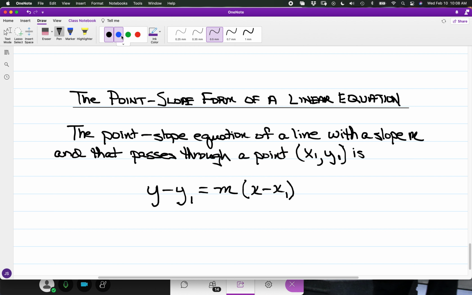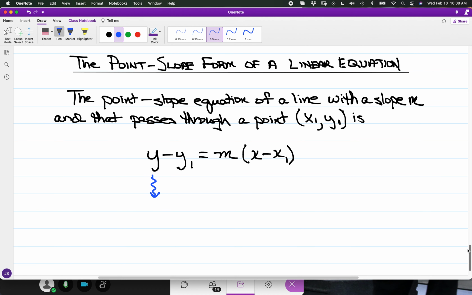Now, for the variable y, the y that is out at the front, isolating y is going to lead to what is referred to as the slope-intercept form of a linear equation.